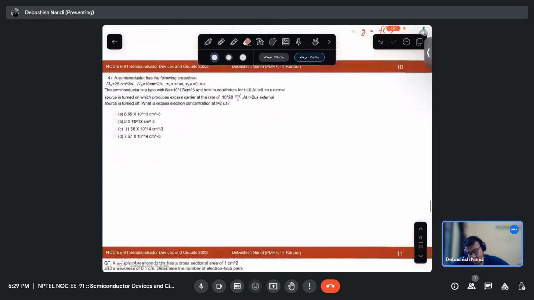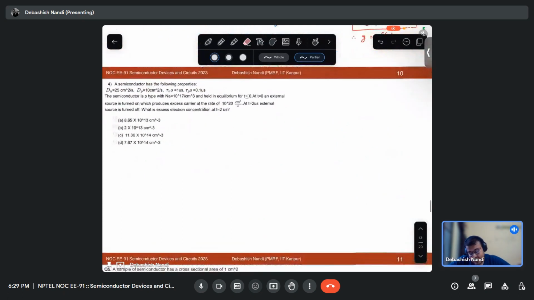Okay, so it is mentioned that a semiconductor has the following properties. Dn is given, Dp is given, tau n is given, tau p is given. The semiconductor is p-type with this and held in equilibrium at this. A source is turned on to produce excess carriers at the rate of this.